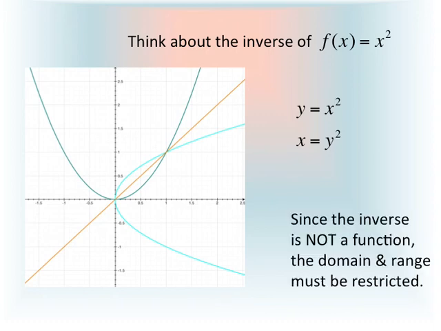We can see that the inverse is not a function in this case, so we must restrict both the domain and the range. If we take away all negative values of x, the left half of the parabola would not be there. And then when we reflected it, the bottom half of the inverse parabola would not be there.